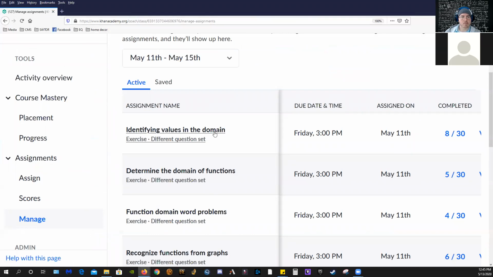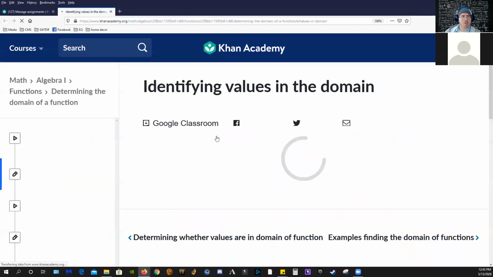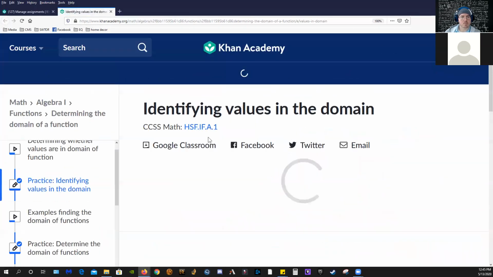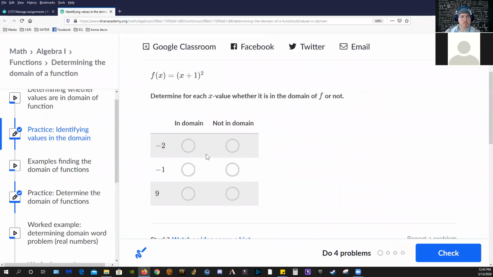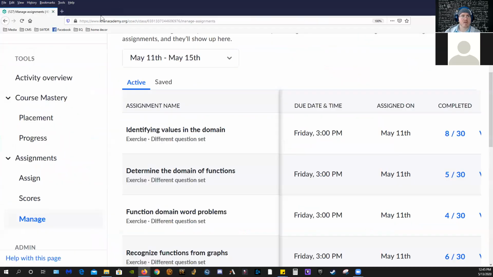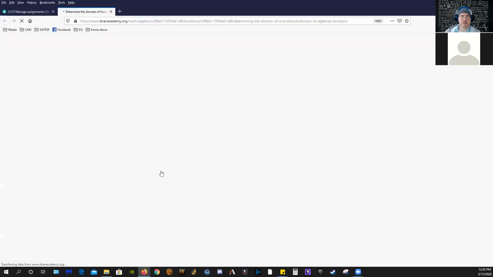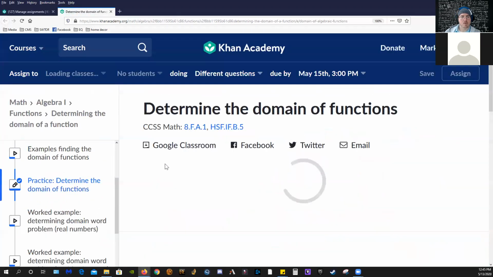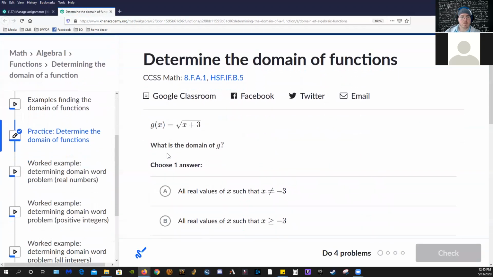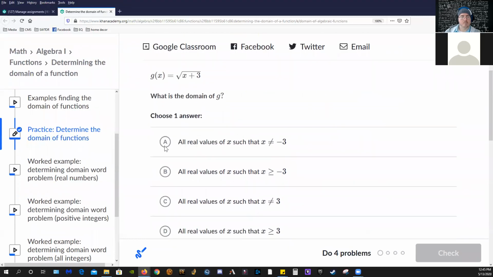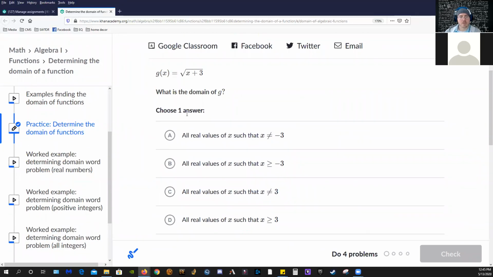The next one, wait, which one did I just do? That was identifying. Okay. So the next one's determining domains of functions. Okay, so this is like a step above what we were just doing.